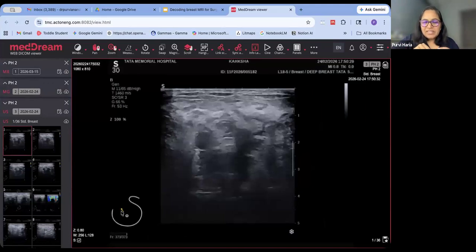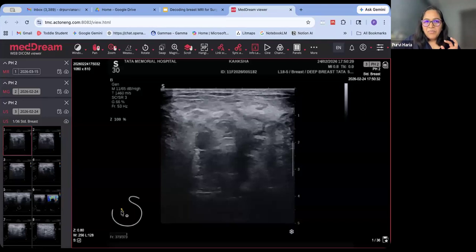Going one step behind, when we are reporting, it's probably my approach: before I open the MR, if I have a breast MR to be reported, I go back and see the ultrasound images and the mammography images, because I want to know what question I need to answer when I'm looking at the MR. Is it a screening breast MR done for a BRCA patient or any high risk, or is it a diagnostic breast MR?